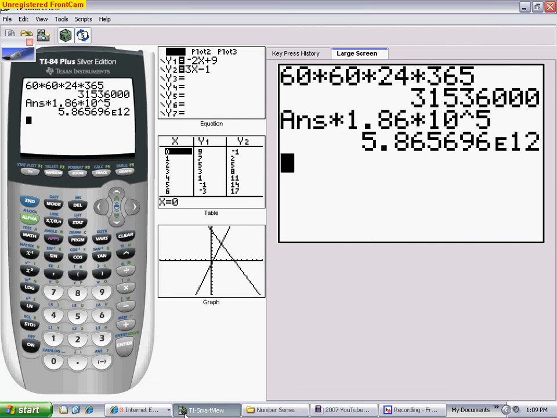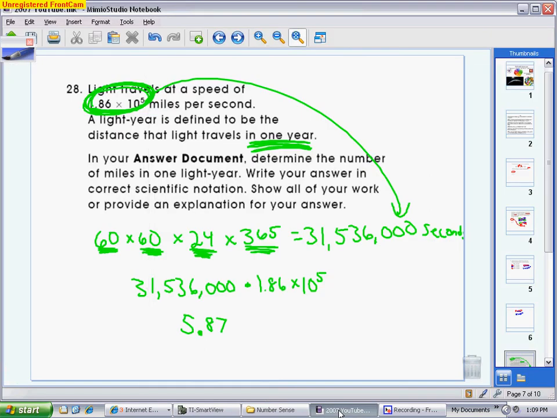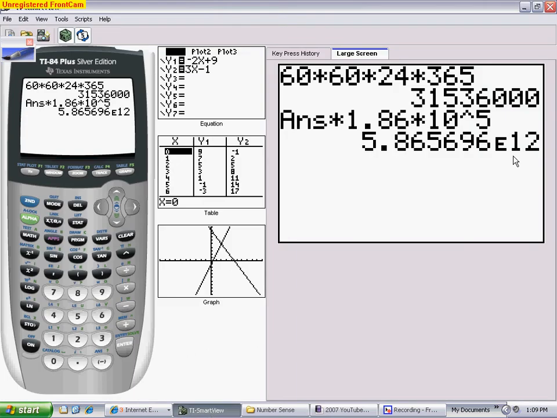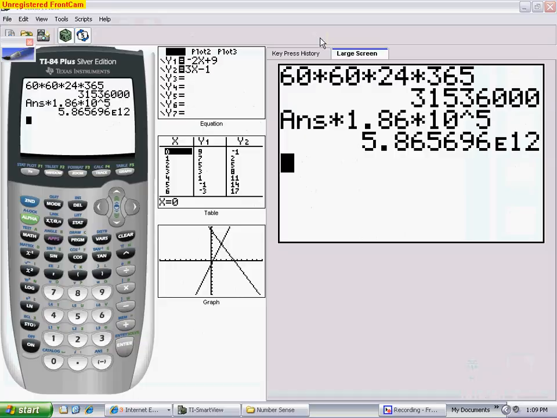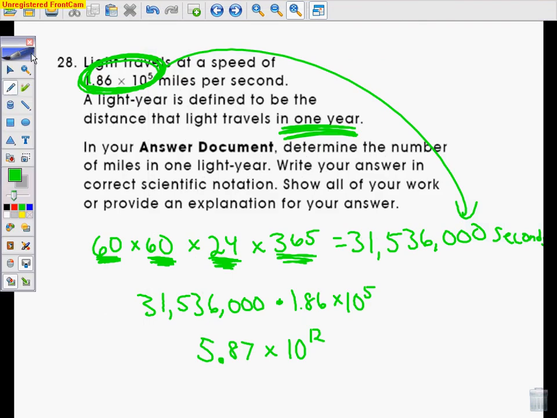When you see this e to the 12th right here, all this really means is that this would be the exponent if it was in scientific notation. So it's pretty much giving it to you in scientific notation. So 5.87 times 10 to the 12th, because once again, this is your exponent in scientific notation. And there's your answer. So that's the number of miles in 1 light year.